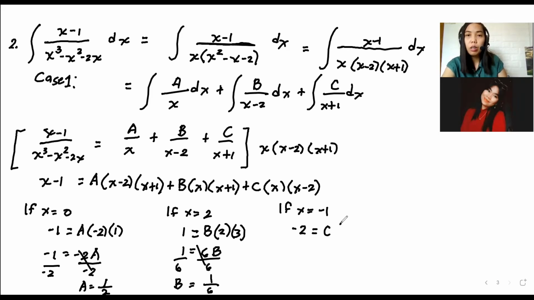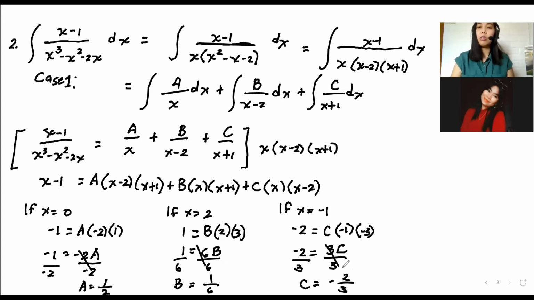Here, we'll have C times negative 1, and negative 1 minus 2, it's negative 3. So negative 2 equals C times negative 1 times negative 3, it's 3C. Divide both sides by 3. Therefore, C is equal to negative 2/3. Okay? 1 half, 1/6, negative 2/3.